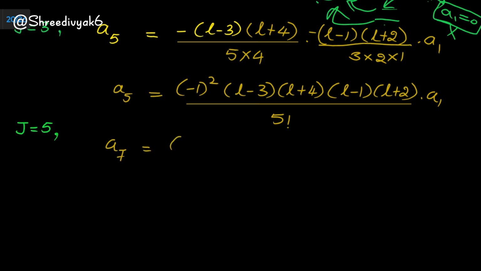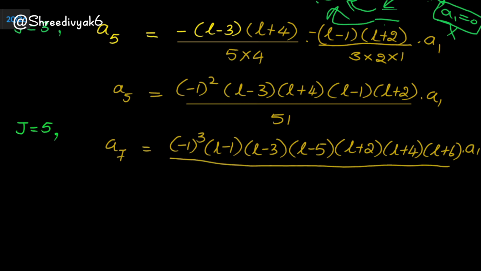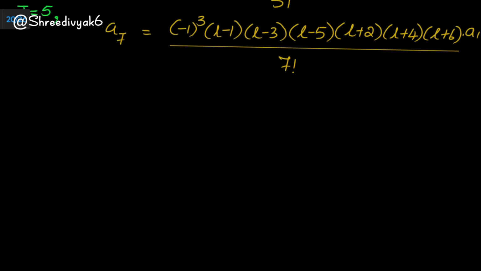Now A7 would be, look at the trend and tell me, it is minus 1 the whole cube, (L minus 1), (L minus 3), (L minus 5) into (L plus 2), (L plus 4) and (L plus 6) into A1. The whole divided by 7 factorial, right?